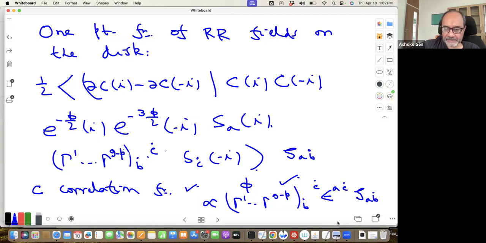Is that point clear? Because we started by calculating the one-point function of RR fields. Okay. And we are seeing that as long as P is odd, which is true for type 2B theory, all the indices match up correctly so as to produce a non-zero one-point function. Because epsilon, this two-point function, pairs the A and C dot index, right?